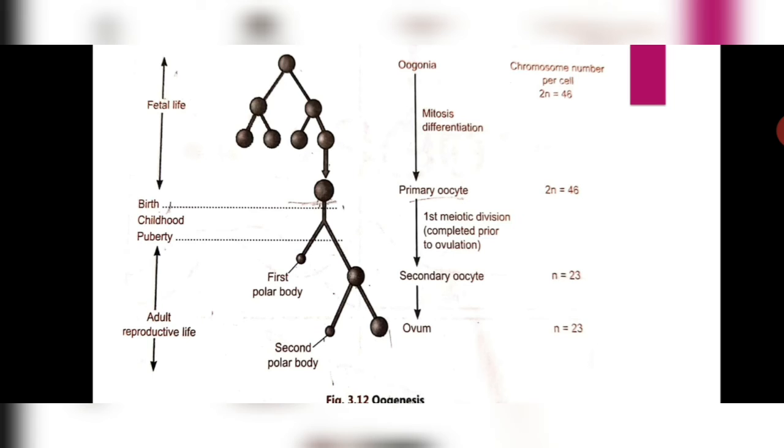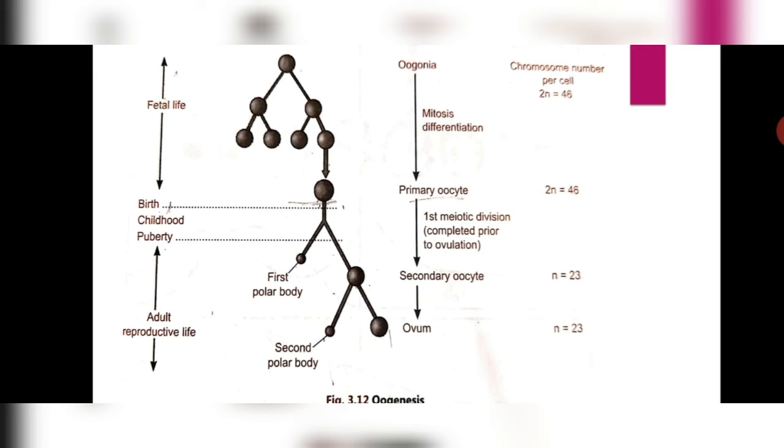Last we have the maturation phase. In the maturation phase, the secondary follicle soon transforms into a tertiary follicle. And here the primary oocyte which is present inside the tertiary follicle will get converted into secondary oocyte and first polar body. This secondary oocyte is converted into ovum only if fertilization occurs.